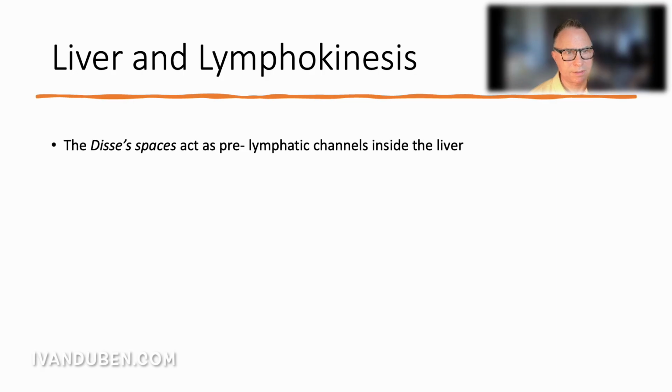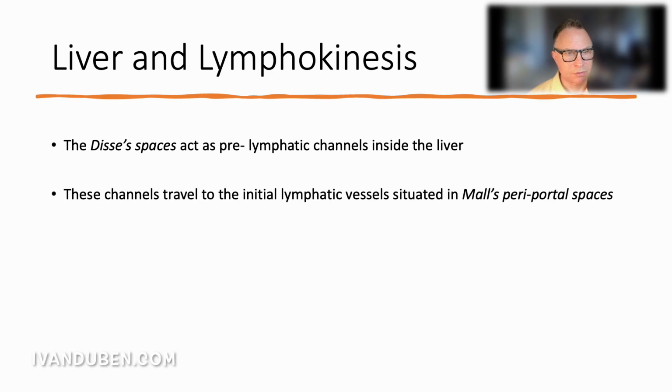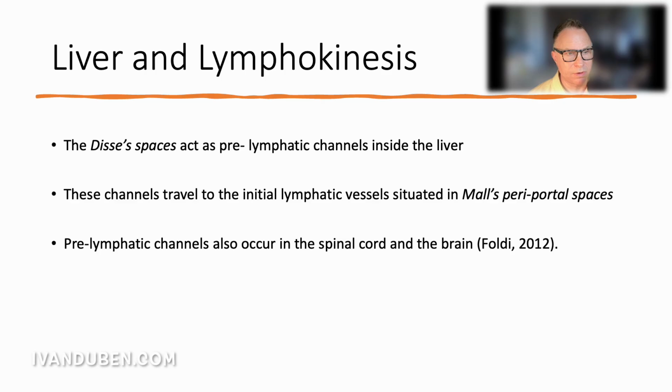The Disse spaces act as pre-lymphatic channels inside the liver, and you'll hear the term pre-lymphatic brought up a lot. They are structures that are working on behalf of the lymphatic system, but they are not necessarily considered lymphatic structures. These channels travel to the initial lymphatic vessels situated in Mall's periportal spaces, also inside the liver.